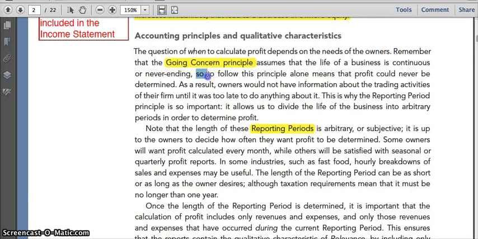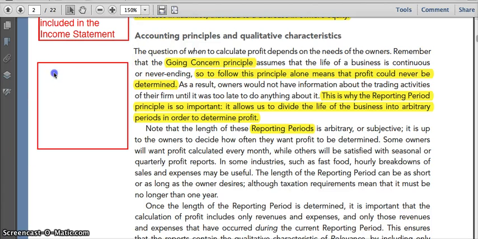So if we were to follow that principle alone, it means that the profit would never be determined. So that's why the reporting period is so important, because it allows us to divide the life of the business into periods in order to determine profit.